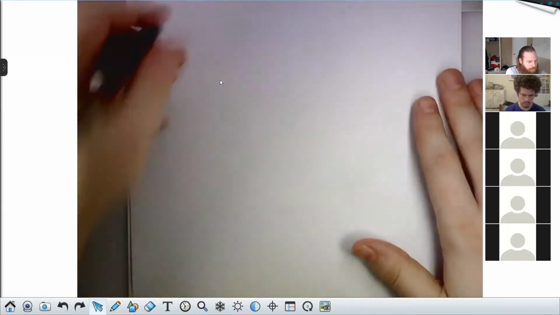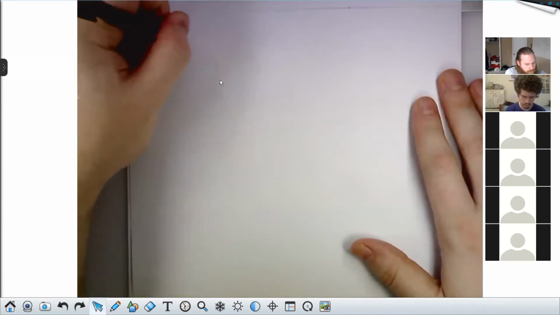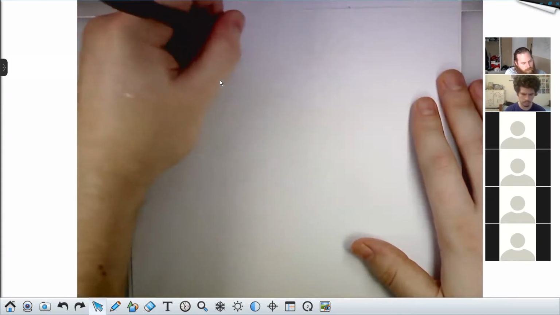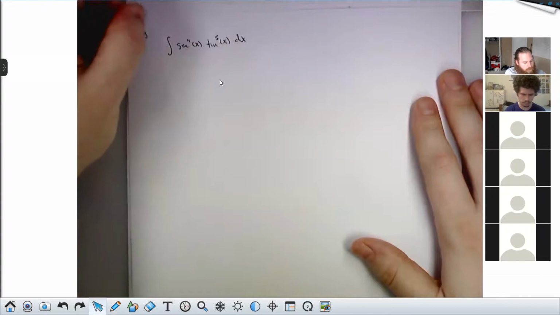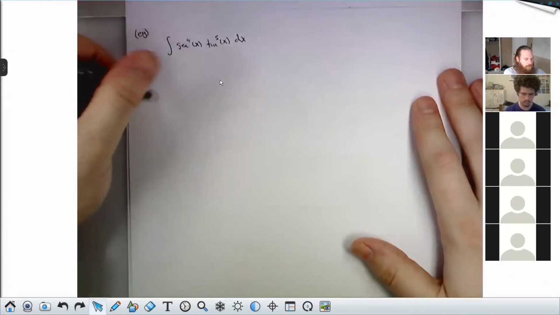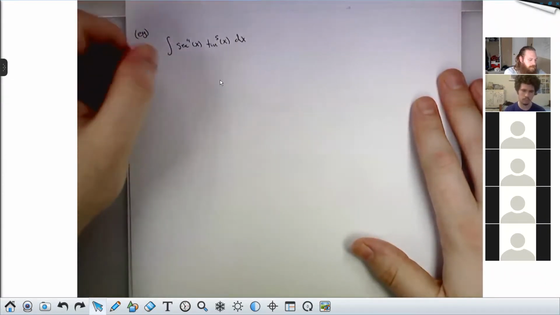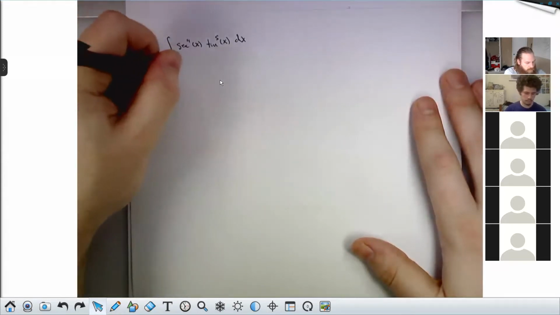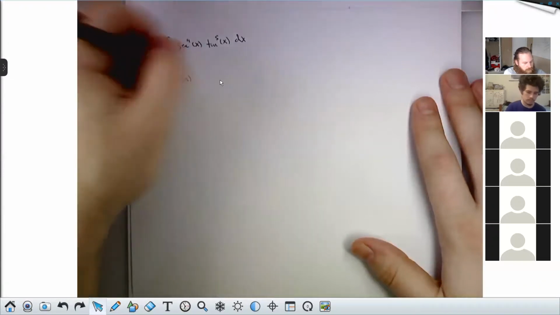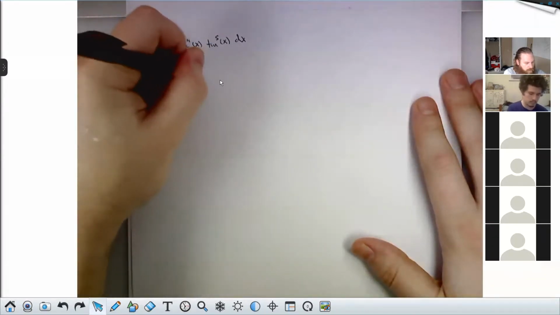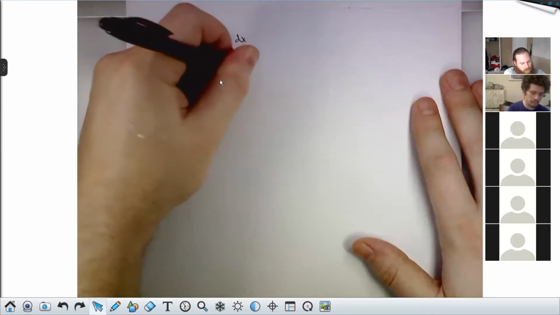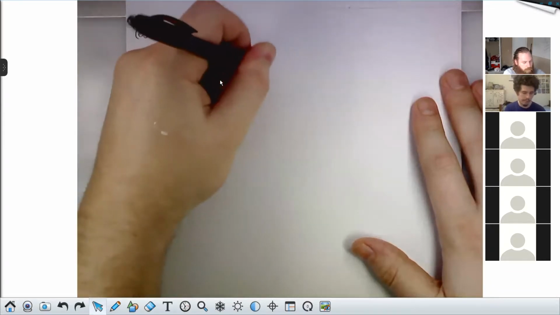So same problem. Integral secant to the 4 times tangent to the 5th. The derivative of secant is secant tangent. So if I want to substitute for secant, I'll take one secant and one tangent and set them over here with the differential.